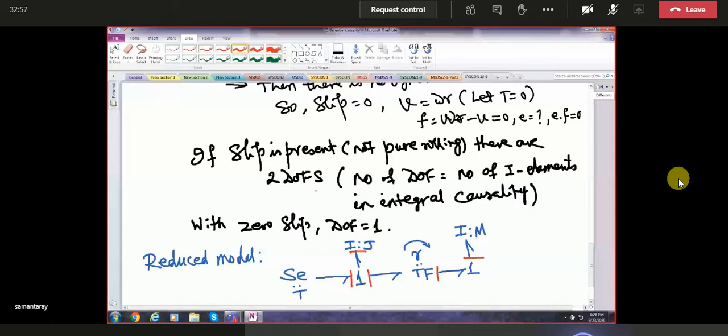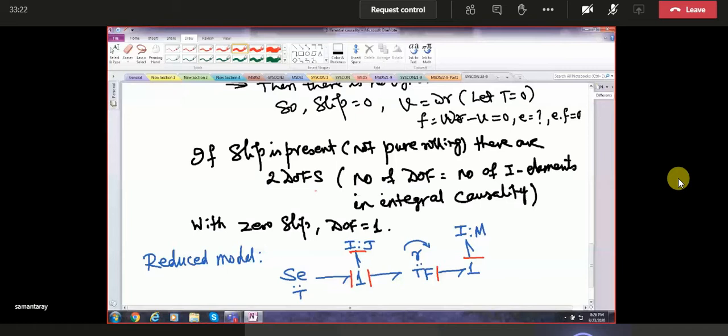So let's see something interesting here. A transformer with modulus R, connected to whatever, 1 or 0, doesn't matter, an I element.